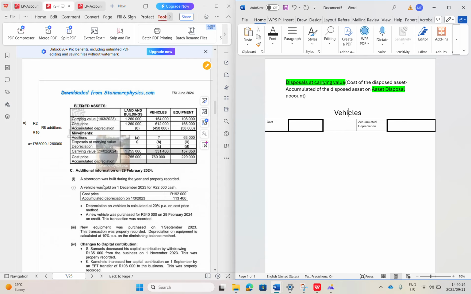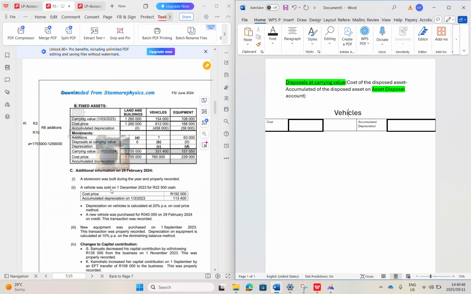To dispose is to get rid of something from your accounting records. You sell it, you remove it. I don't want you anymore. You remove like you do with your partner when they start annoying you. I remove you, I dispose you. So you dispose, you remove.